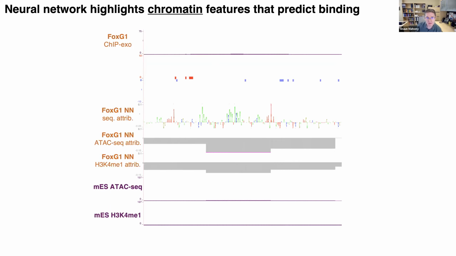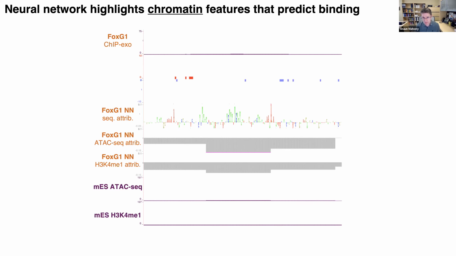But in contrast, for FOXG1, which again does not bind to this site, there are lots of sequence features that are telling the FOXG1 neural network to positively predict this as a binding site. But those sequence features are being counterweighted by negative chromatin features. In other words, the lack of ATAC-seq and K4 monomethyl are negative contributors here.